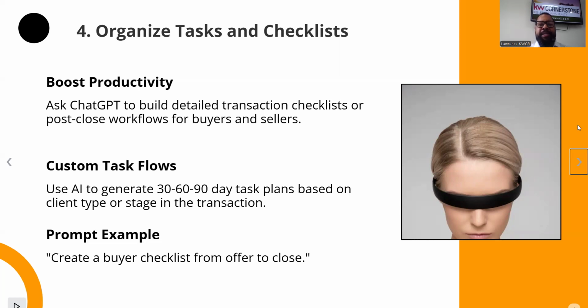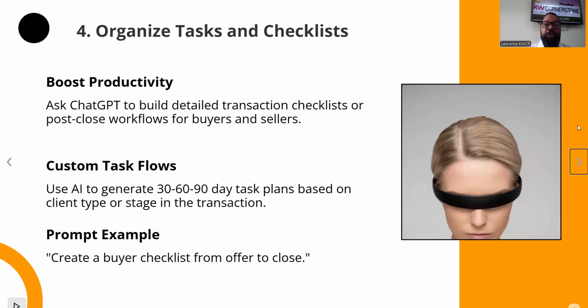But let's say you want something more of a checklist that's right in front of you, like a piece of paper. You can ask ChatGPT to create a checklist of your transaction based on where you are in the transaction, and say, hey, I'm just starting to get a listing. I haven't put it on market yet. Can you build me a transaction checklist just to make sure I don't miss out on anything that I would need to do for the listing?